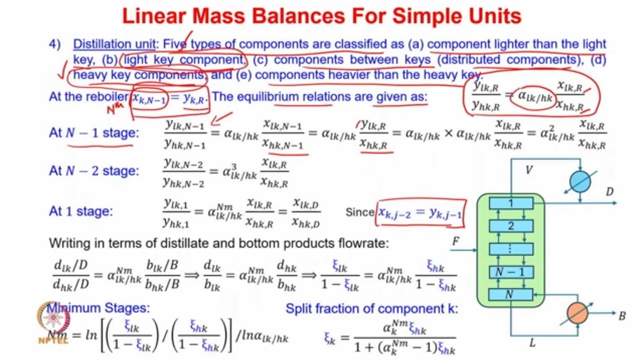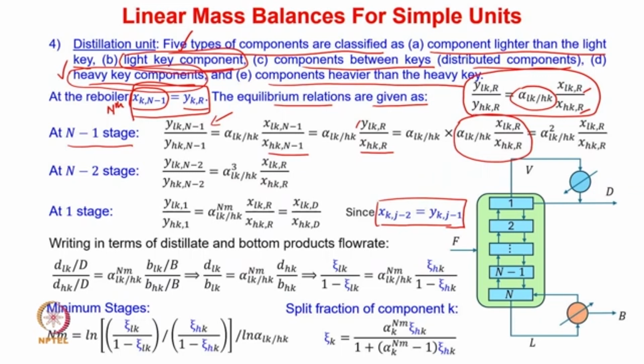So with this we can replace x lk n minus 1 divided by x hk n minus 1 by y lkr by x hkr, and this y lkr and x hkr are again represented in the form of relative volatility and x lkr divided by x hkr.